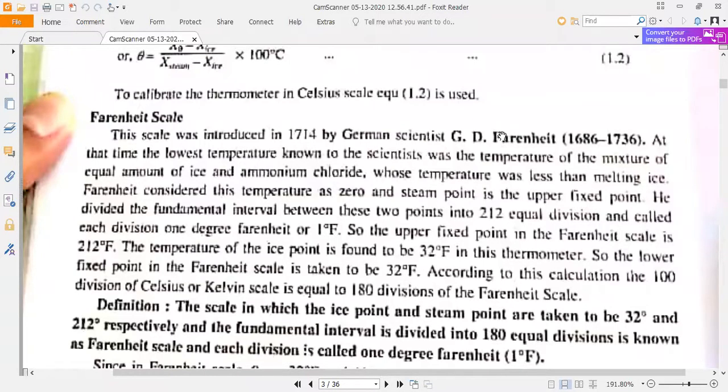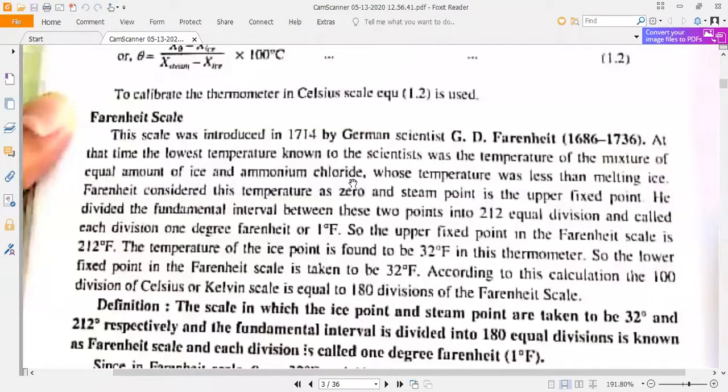Okay. At that time, the lowest temperature known to the scientists was the temperature of a mixture of equal amounts of ice and ammonium chloride. Now we know the lowest imaginable temperature is the temperature at which the volume becomes zero. That is minus 273 degrees Celsius. If you remember from the Charles law, we saw a graph, right?